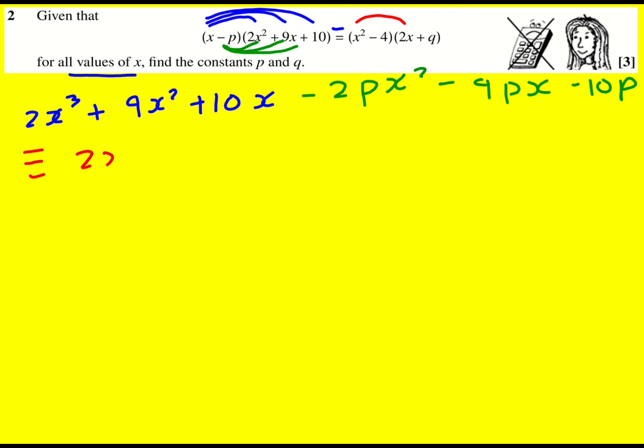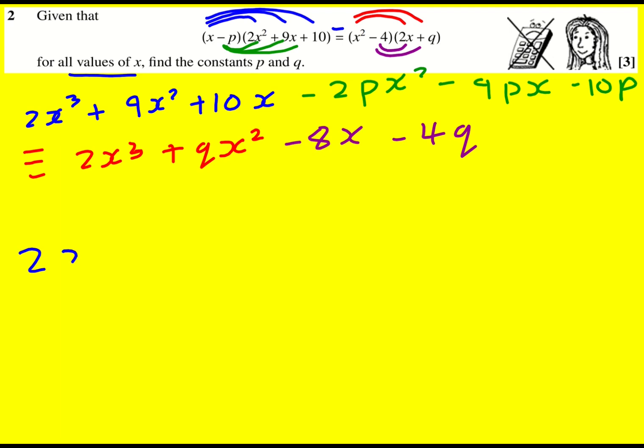It's going to be 2x cubed plus qx squared minus 8x minus 4q. Okay, I'm going to tidy this up. So I've got 2x cubed plus 9x squared minus 2p x squared.